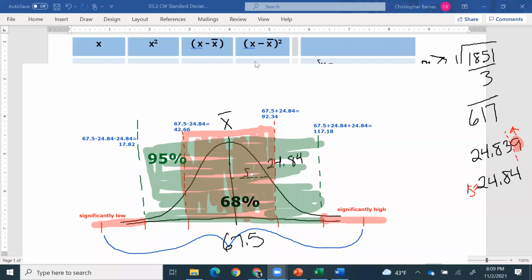Now I went ahead and calculated these values, but as you can see, since we know the cutoff of 2 standard deviations above the mean is significantly high, and in this situation, we actually know the value of the mean, which is 67.5, which we have highlighted down here at the bottom of the page.